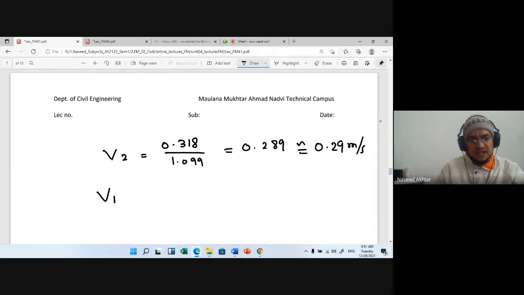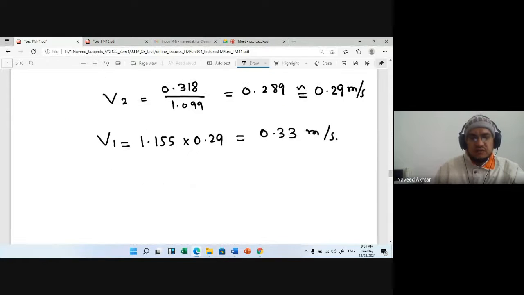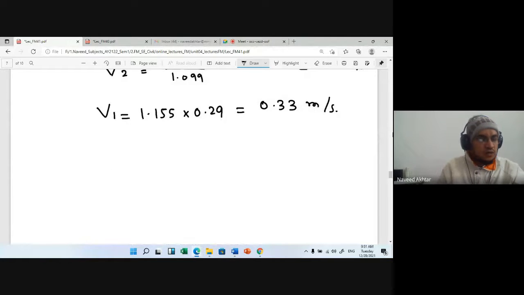Now V1 you can calculate from equation number 2, that is 1.155 times V2, 0.29. So V1 will be 0.33 meter per second.